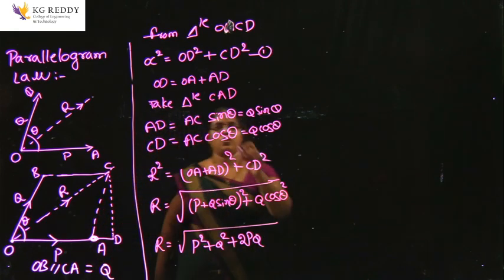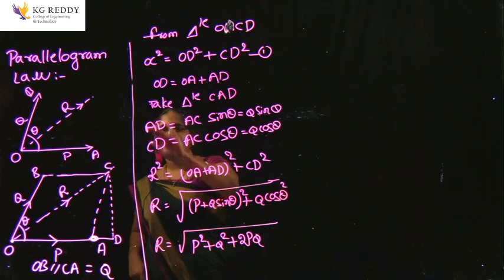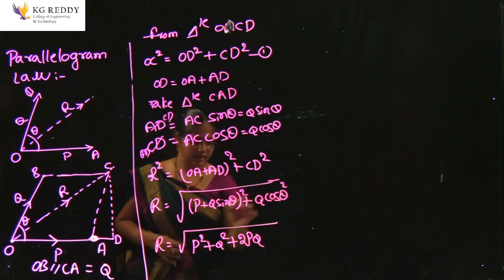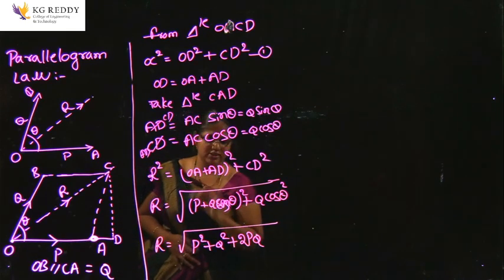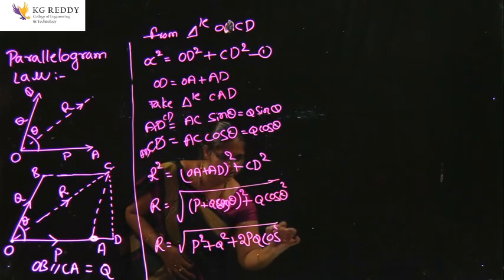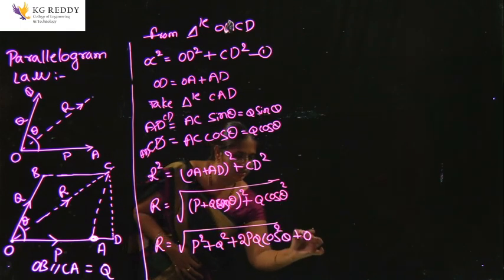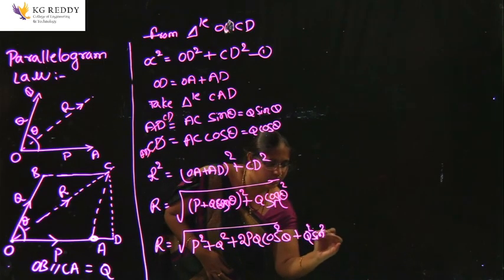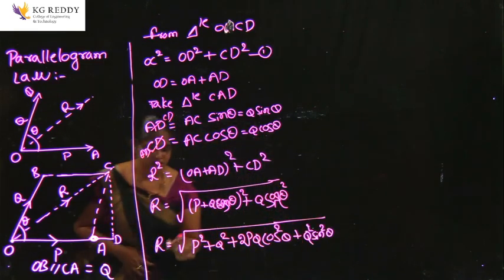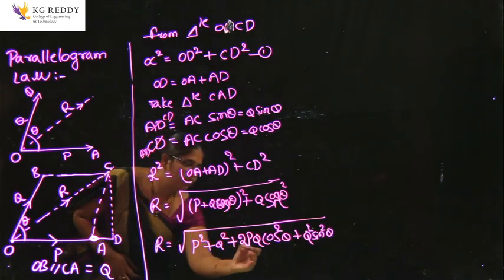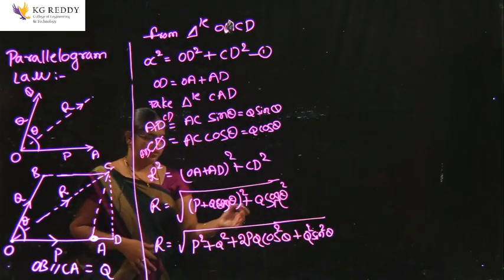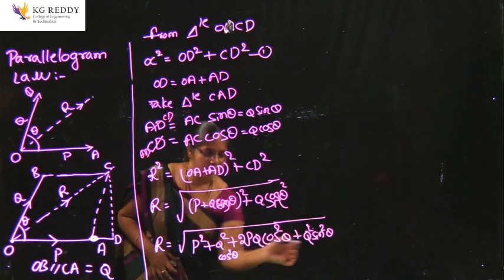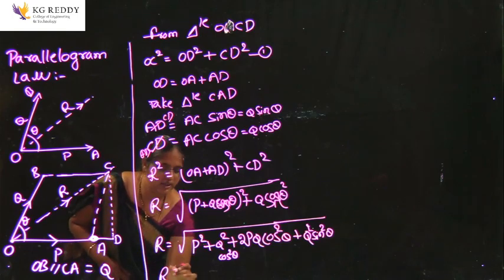Just a small information here, this is the value of CD and this is the value of AD. Then we have to substitute cos: 2PQ cos square theta plus Q square sin square theta. From this we can represent cos square theta plus Q square cos square theta.